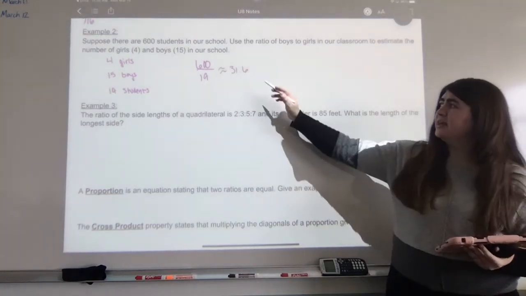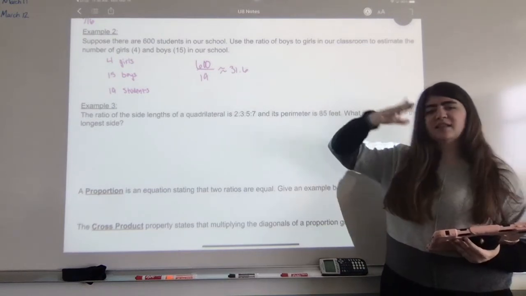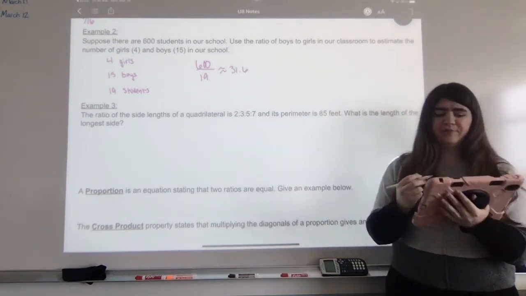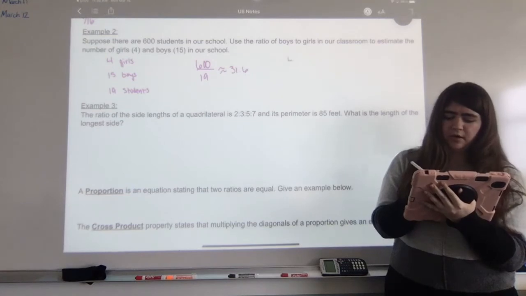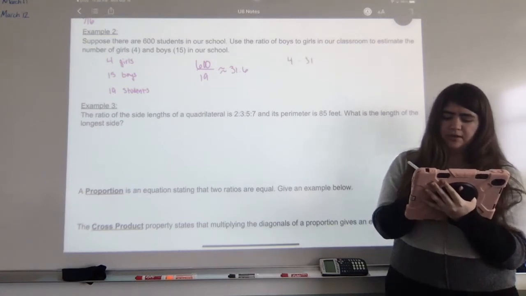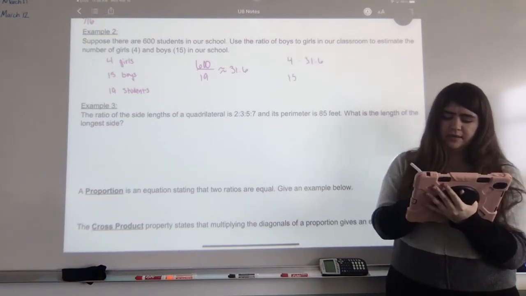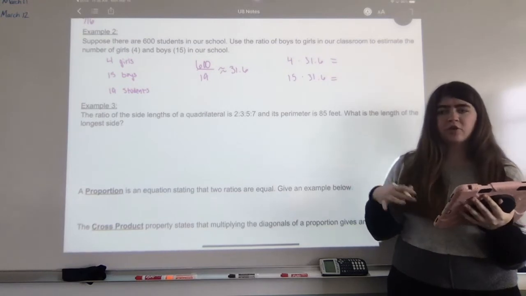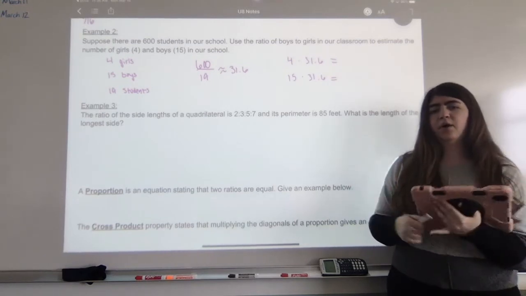So now I can take that 31.6 and I can scale the number of girls and the number of boys. So I have 4 times 31.6, and I have 15 times 31.6, and the answers to those will give us an estimate for the number of girls and boys in our school.